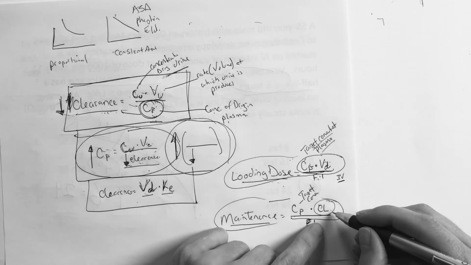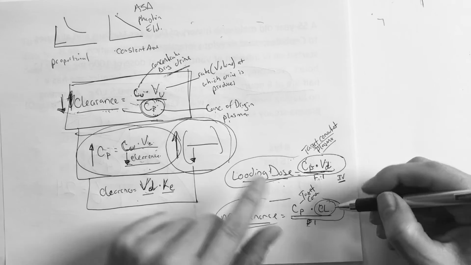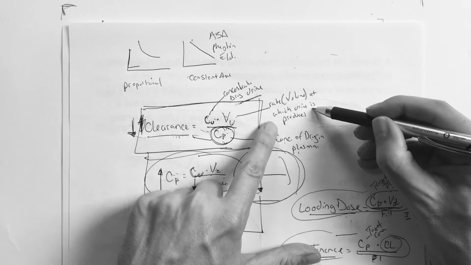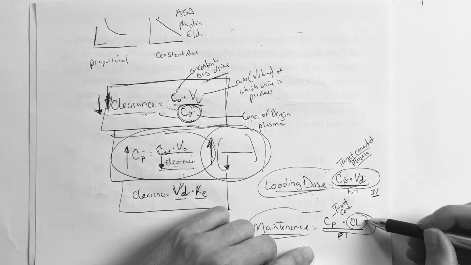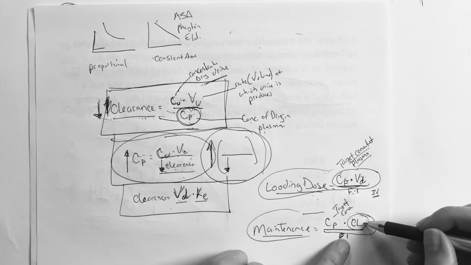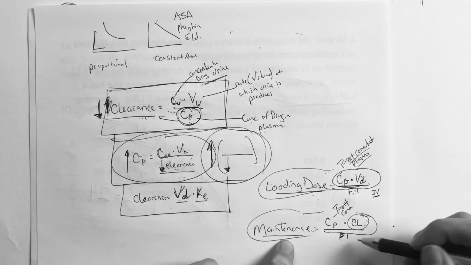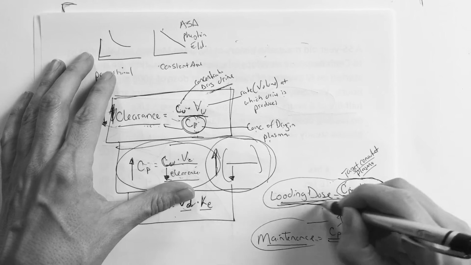Now, we already know that if you're going to try to clear something, you have to have concentration of which urine is produced. So if you have bad kidneys, that's going to affect the clearance. You have to take that into consideration when you're doing a maintenance dose, but neither kidney nor liver when you're doing a loading dose.